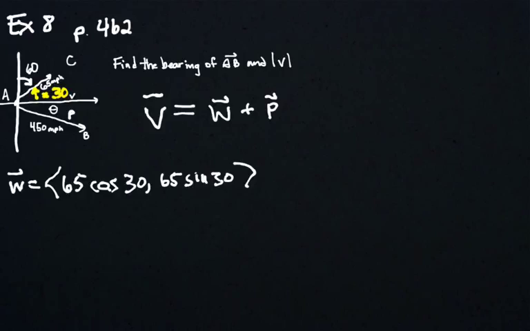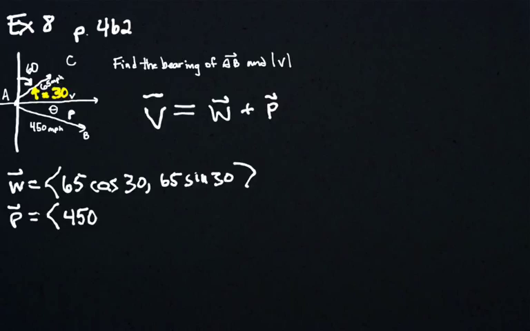Listen. And so, here we go. I'm going to leave vector W just right here for now. Let's write out what vector P would end up being. Now we have a problem with vector P because we don't know everything about it. So let's just write it out symbolically. Vector P would be what? P's right there.